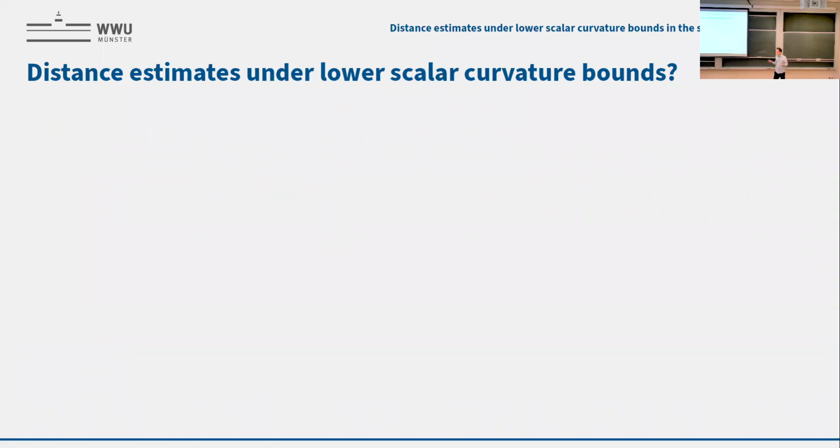And maybe let's back up a little bit here, because some of you might not have seen these kinds of problems before. You might wonder a little bit, can or should we even expect some sort of diameter bounds under lower scalar curvature restrictions? This seems to be a little bit strange because, for instance, if you look at an example like S^{n-1} times R with the standard product metric, then of course it's a nice complete manifold.